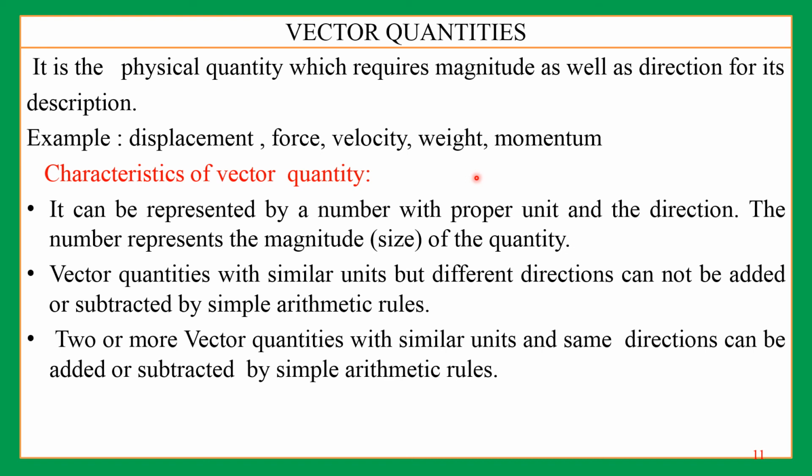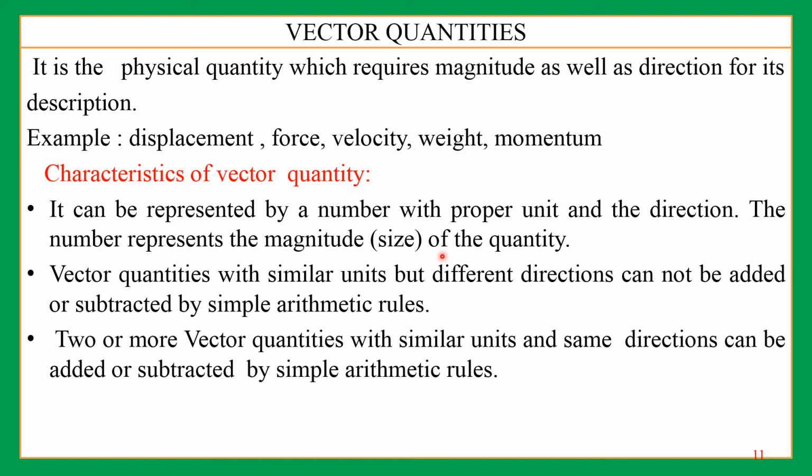What are the characteristics of vector quantities? A vector quantity can be represented with a proper unit and a direction. The number represents the magnitude of the quantity. We shall be studying this in the next topic when we talk about velocity. Velocity is a vector quantity; direction is there, as I just discussed.